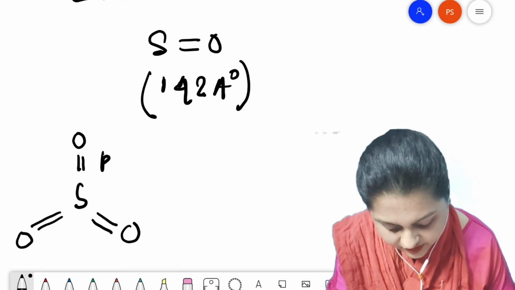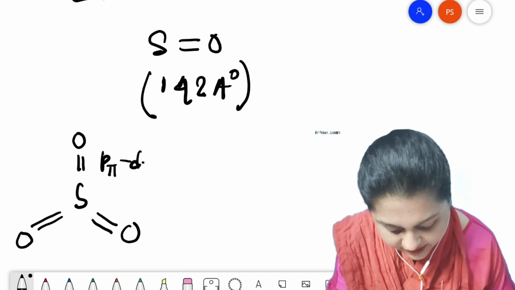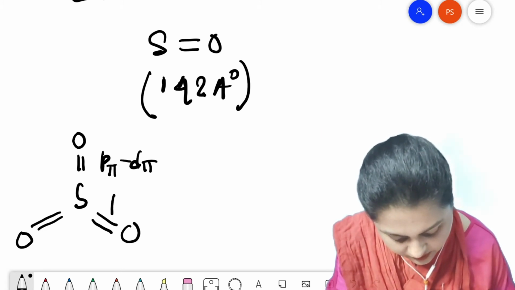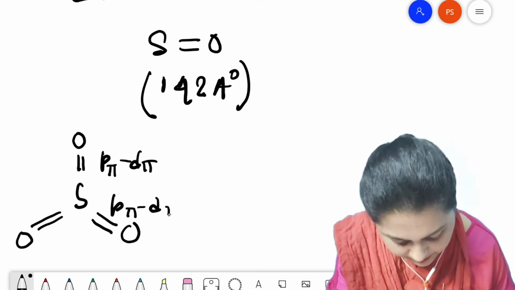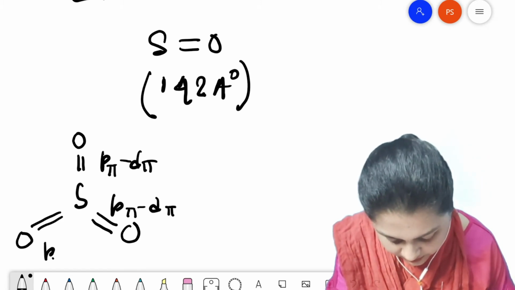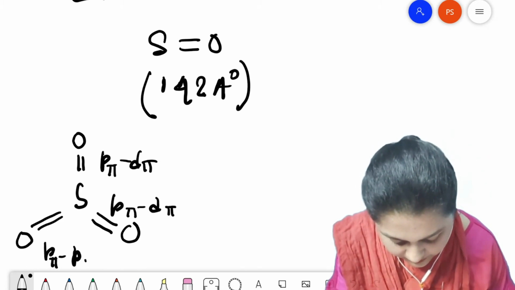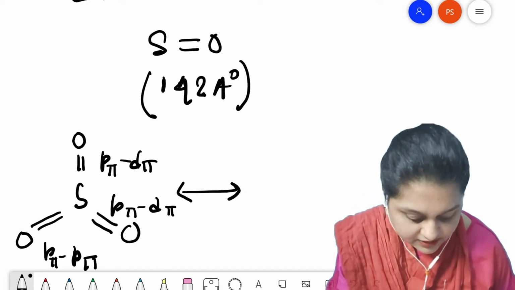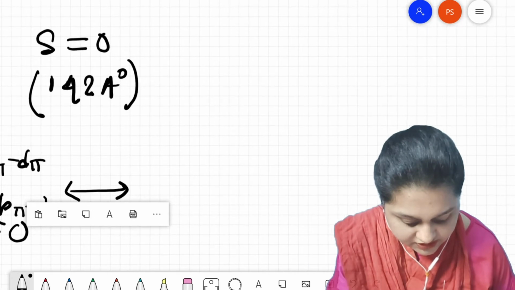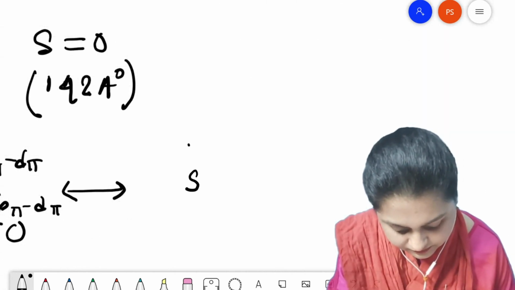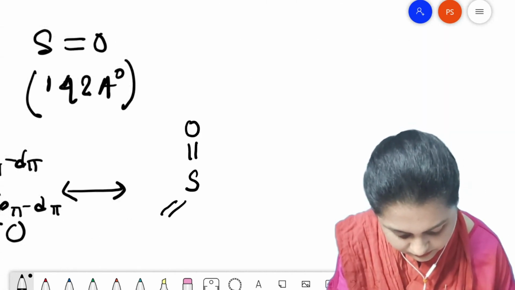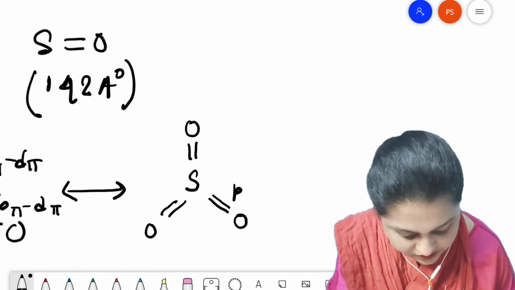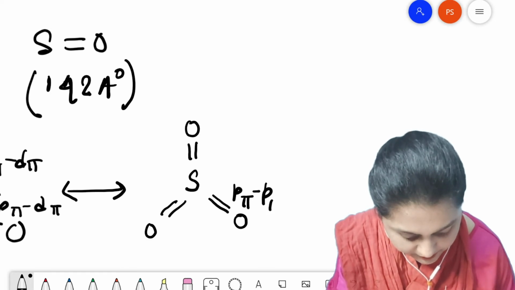This bond has been formed due to p pi d pi. This one also formed due to p pi d pi. This one has formed due to p pi. In the next resonating structure, this one is formed due to p pi p pi.